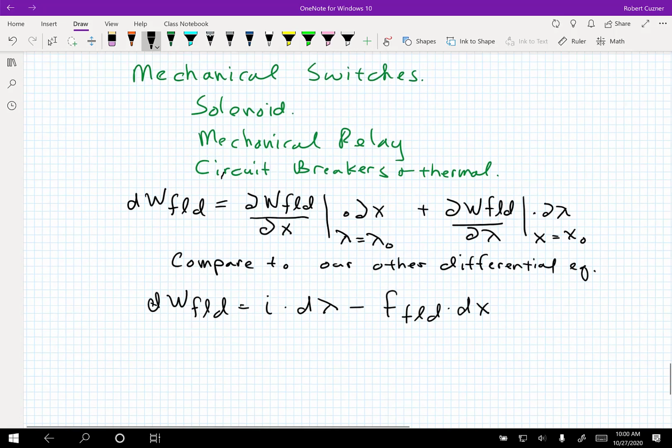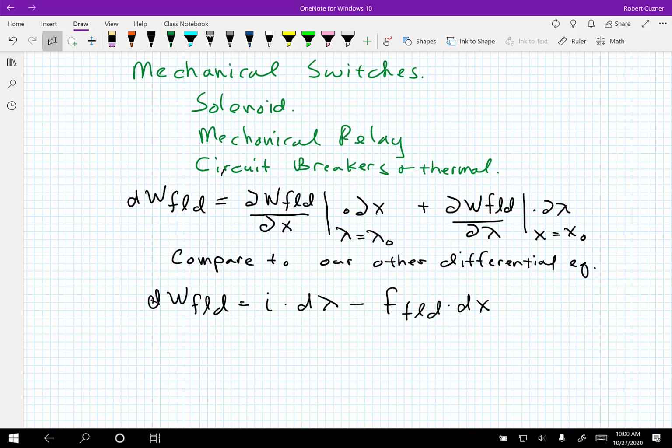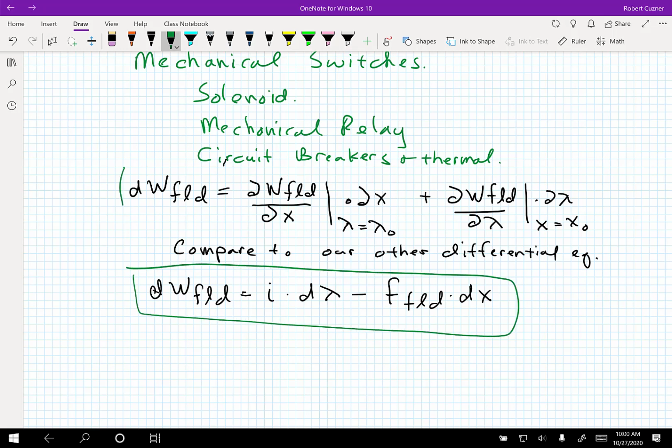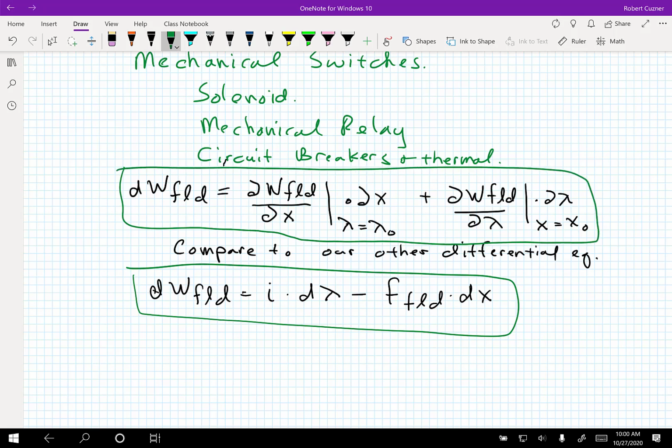Okay, so what we can do from this is we can say, well, we're really trying to find force, and this expression right here looks like this. On the left-hand side and the right-hand, it's the same, but the right-hand sides are different, so there must be a correlation. So we have a d lambda here, and we have a d lambda here, and we have a dx here, and we have a dx here.